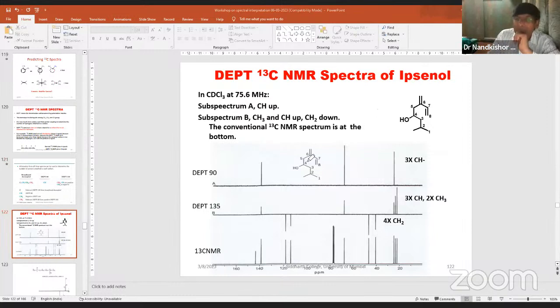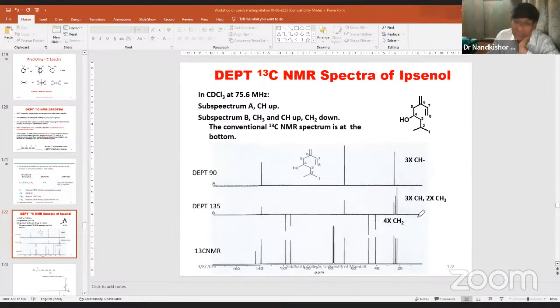That means this C6 over here, which is a quaternary carbon, cannot be seen in the spectrum. DEPT 135 gives the correct information about the negative peak, that is for CH2. There are 4 CH2s in this molecule: this is CH2, this is CH2, this one is CH2, and this one is CH2. These 4 CH2 fall down as negative peaks.